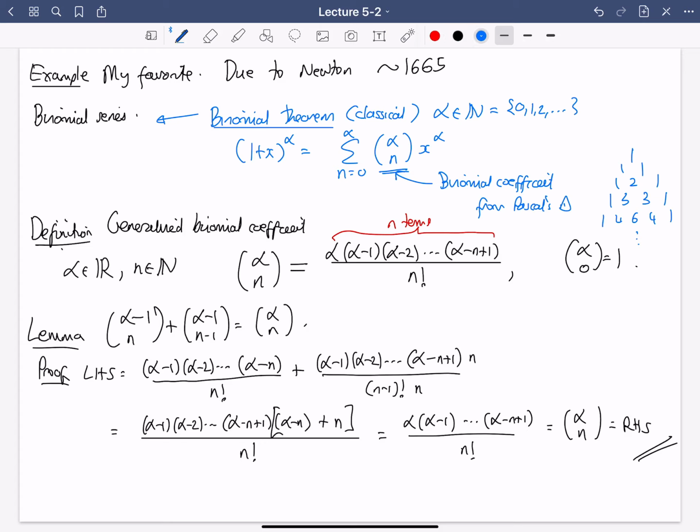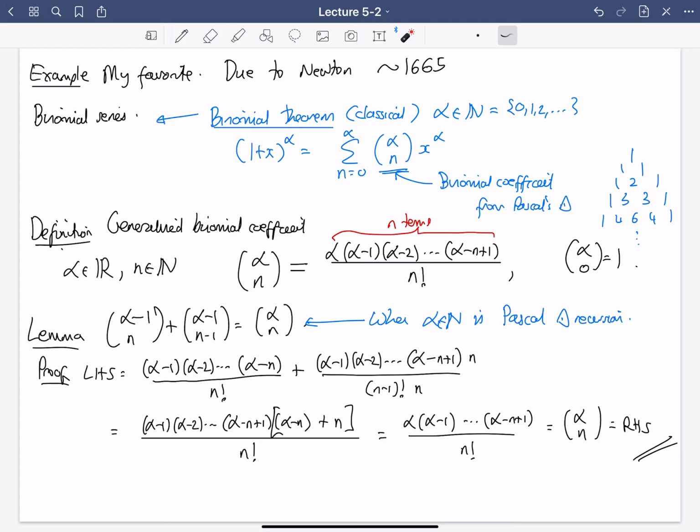This identity, when alpha is a natural number, is the Pascal triangle recursion. Remember, to get the next number in Pascal's triangle, you take the two above it and you add them together. That 4 is 1 plus 3. That 6 is 3 plus 3, and so on.